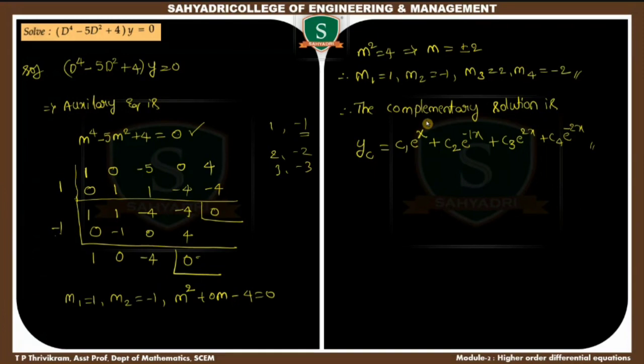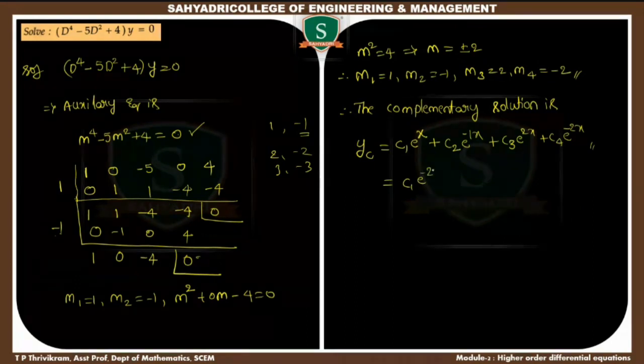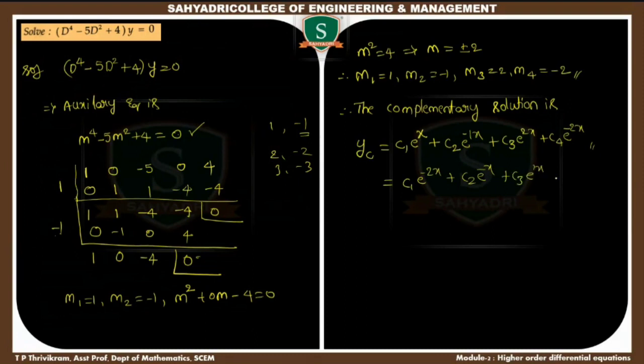Fine, in this way you have to write. And you may get a doubt. What happens if I write like this? I don't want to write like this. I want to write from negative to positive. So I'll write c1 e power minus 2x plus c2 e power minus x plus c3 e power 1x plus c4 e power 2x.